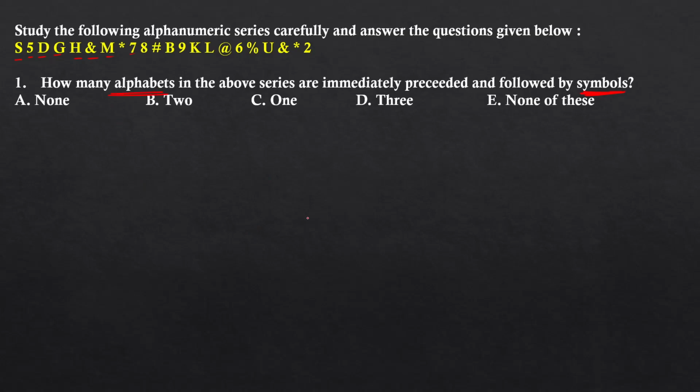Okay. So here should be an alphabet. Let's say this is A. Okay. And here it should be immediately preceded and followed by symbols. So here should be a symbol. Just assume that this is hash and this should be percentage.